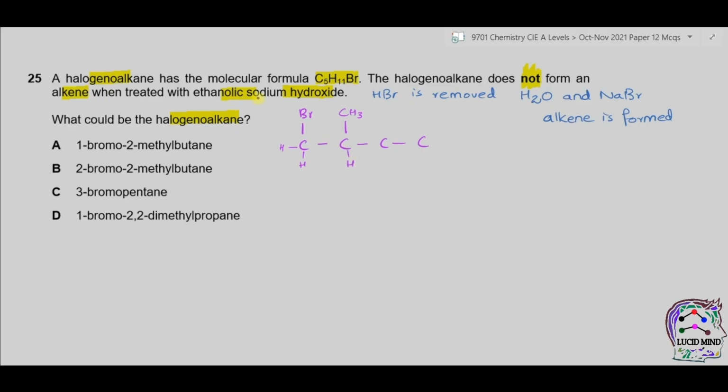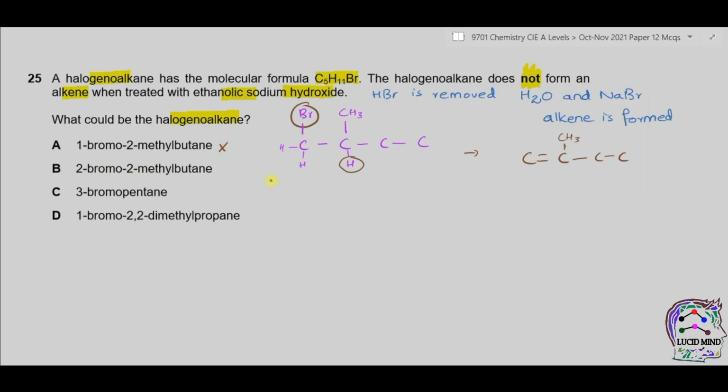Now upon reaction with ethanolic sodium hydroxide, halogen is removed from one carbon, while from the adjacent carbon atom hydrogen will be removed, and there will be a double bond between these two. So the product is like this. We have C double bond C, then CH3, C. So one is incorrect as it is forming an alkene.